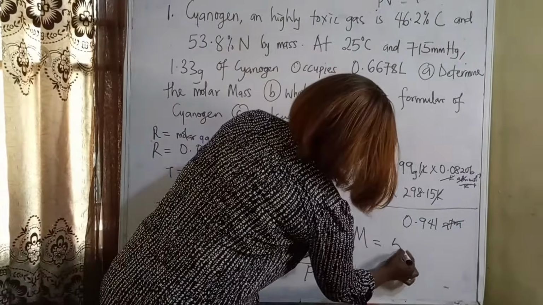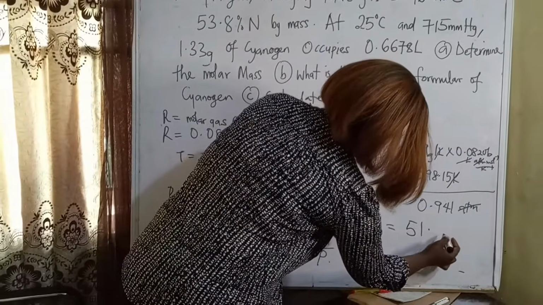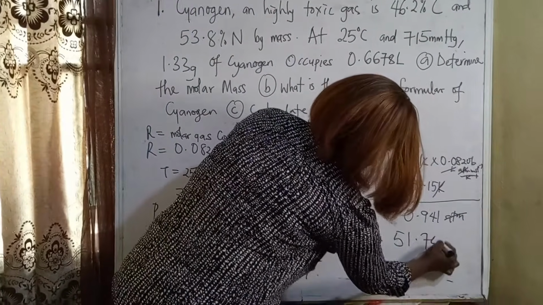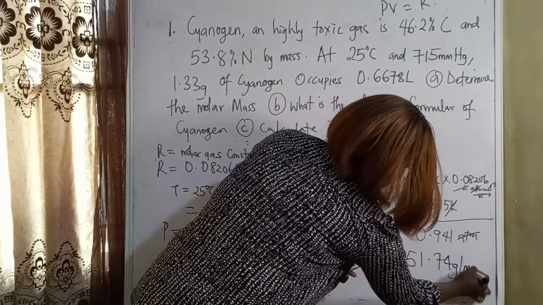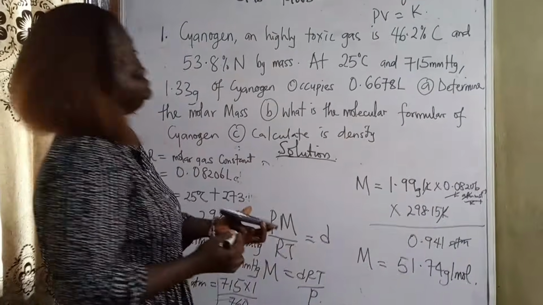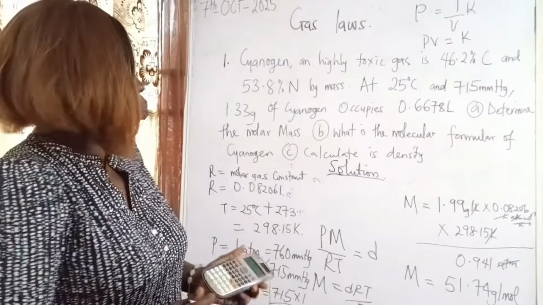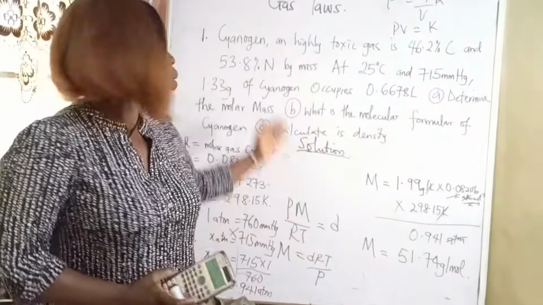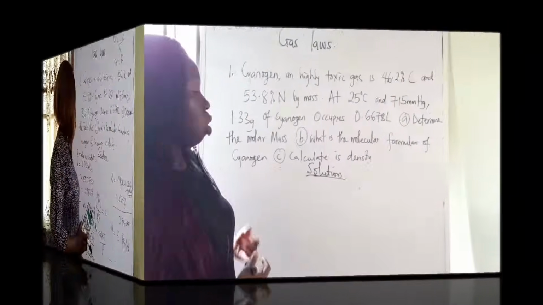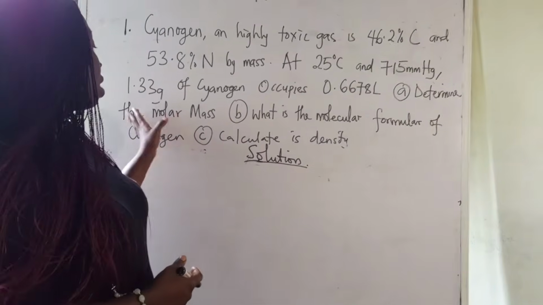So gram per mole. So we have calculated the molar mass of what? Cyanogen.